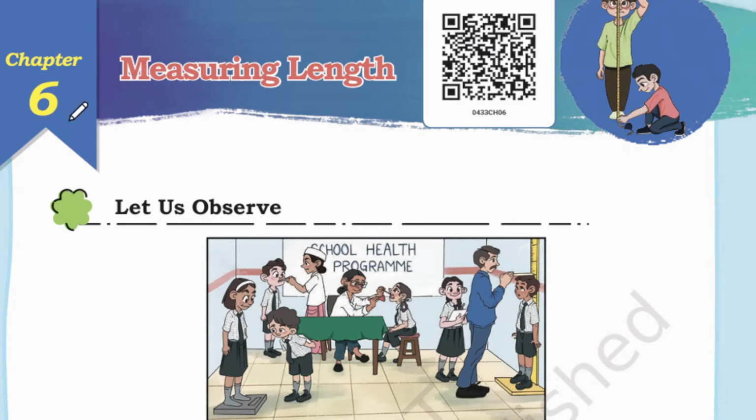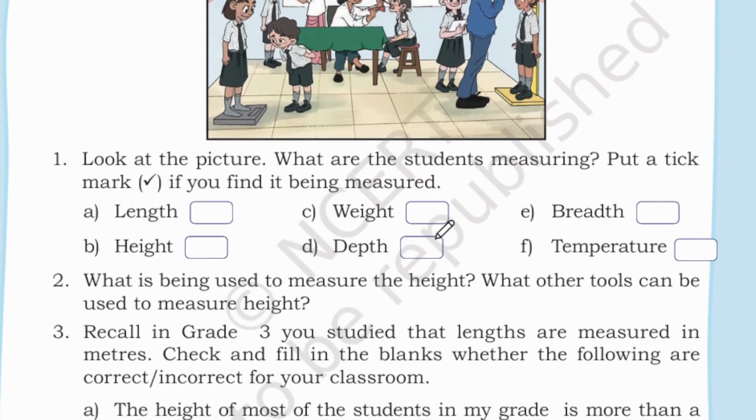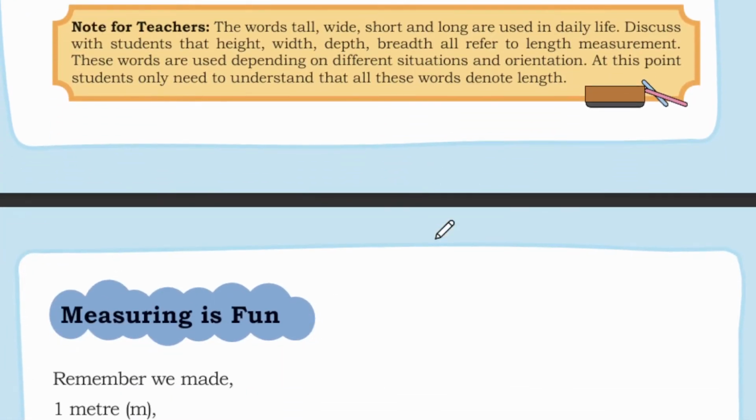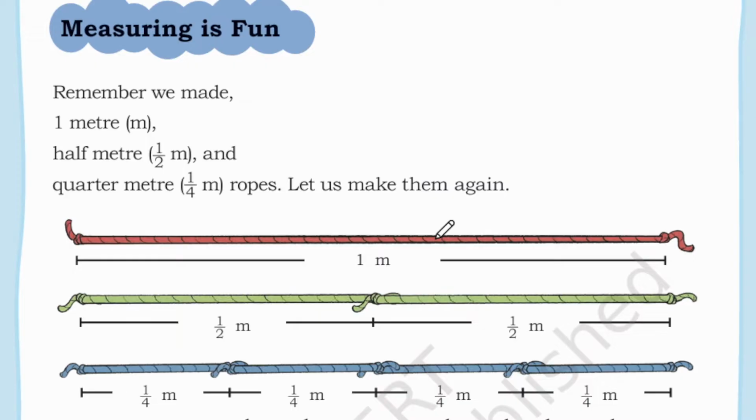So today we are going to see class 4 Maths chapter number 6, measuring length. In this lesson, we are going to learn how to measure length using different units.